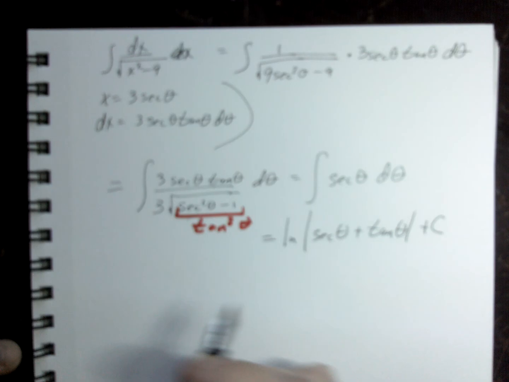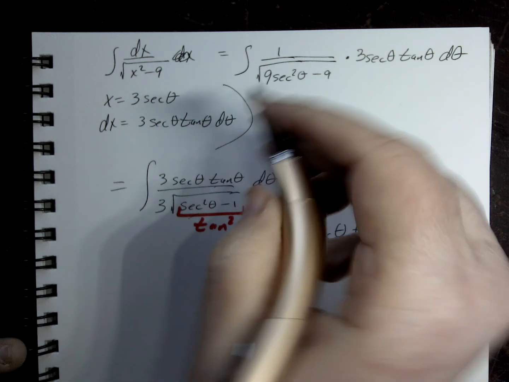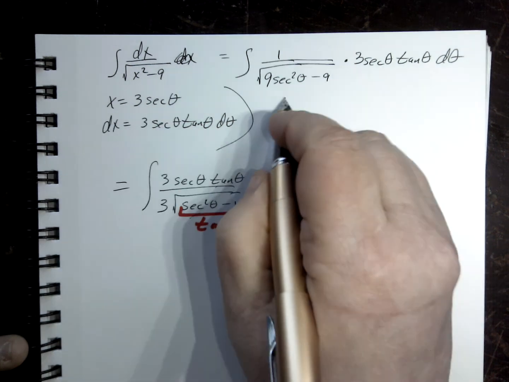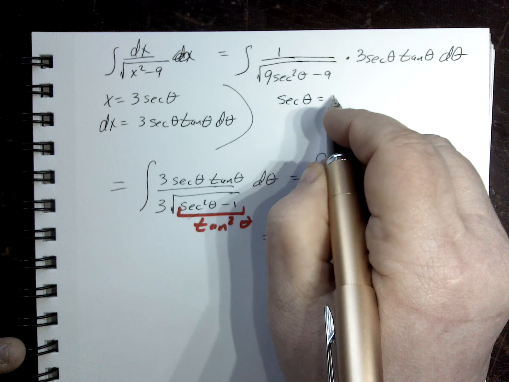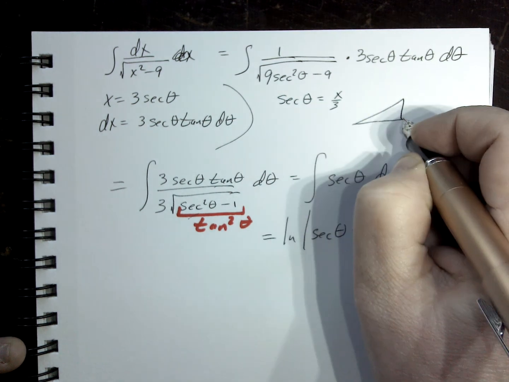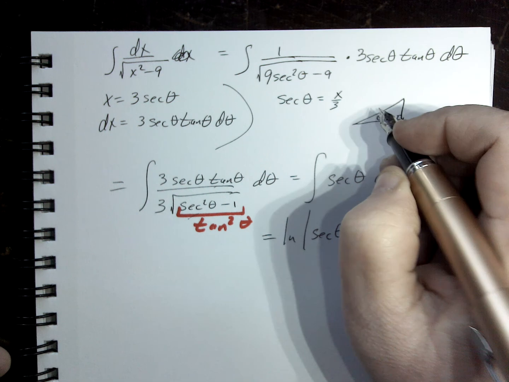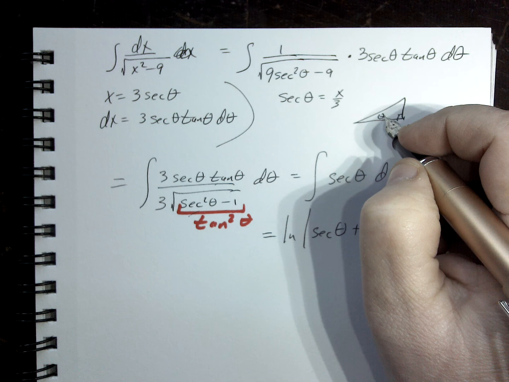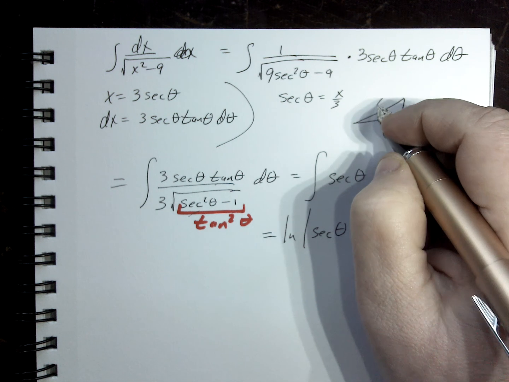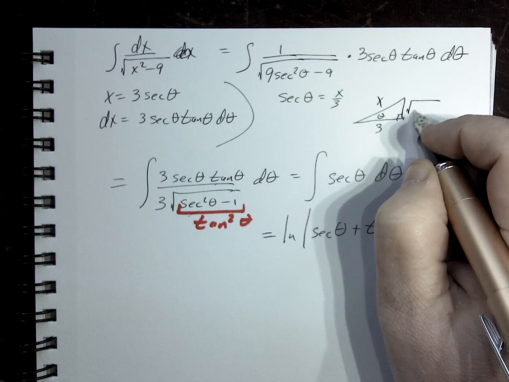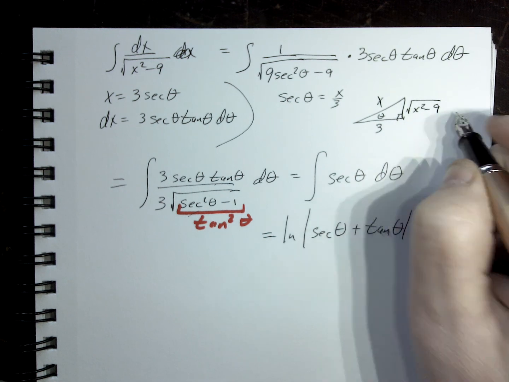Go back to my triangle. Go back up here. I know that x equals 3 secant theta, so secant theta equals x over 3. Doing my handy dandy triangle, there's my theta. Secant is 1 over cosine, so secant will be hypotenuse over adjacent, making the third side the square root of x squared minus 9.